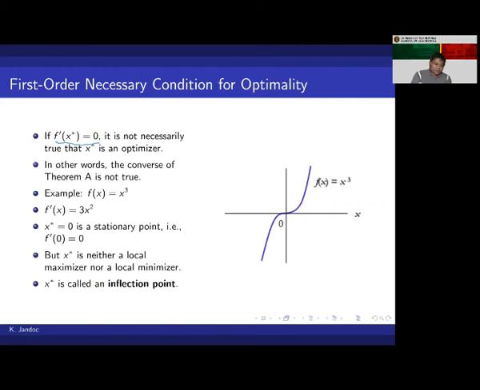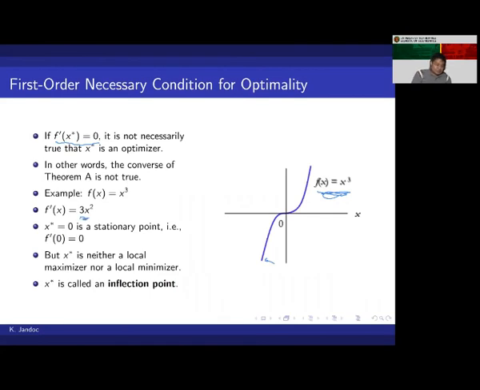For example, you have this function f of x equals x cubed. The graph of this function is this purple line over here. If we take the derivative of x cubed, we have 3x squared.